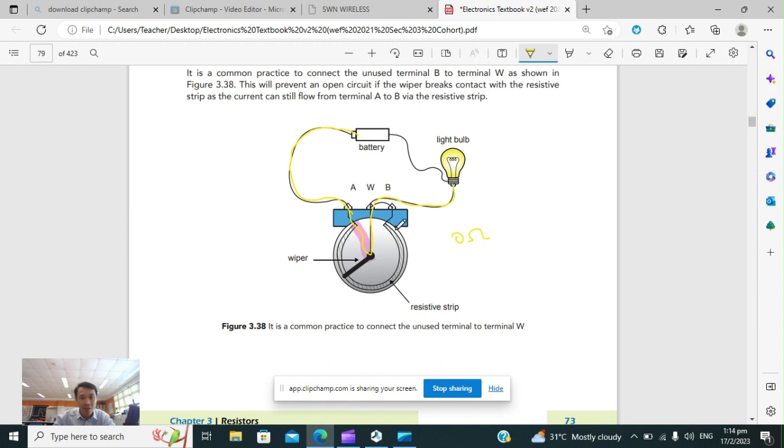It does not go through any bit of the resistive strip. And if it doesn't go through any bit of the resistive strip, you are basically giving it 0 ohms, effectively shorting this whole trim pot out.